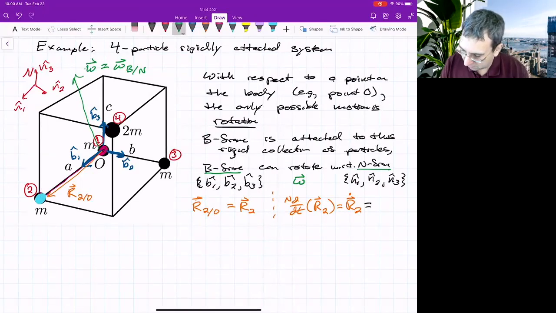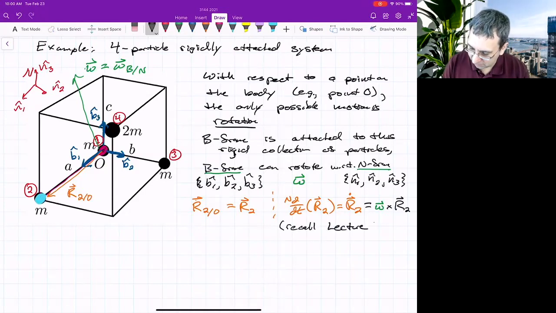This can only be omega cross R2. And if you're confused, you can go back to lecture 3, where we said that if you've got a point fixed in a rigid frame, or a frame that's rotating with respect to another frame, that's the only type of velocity you get.